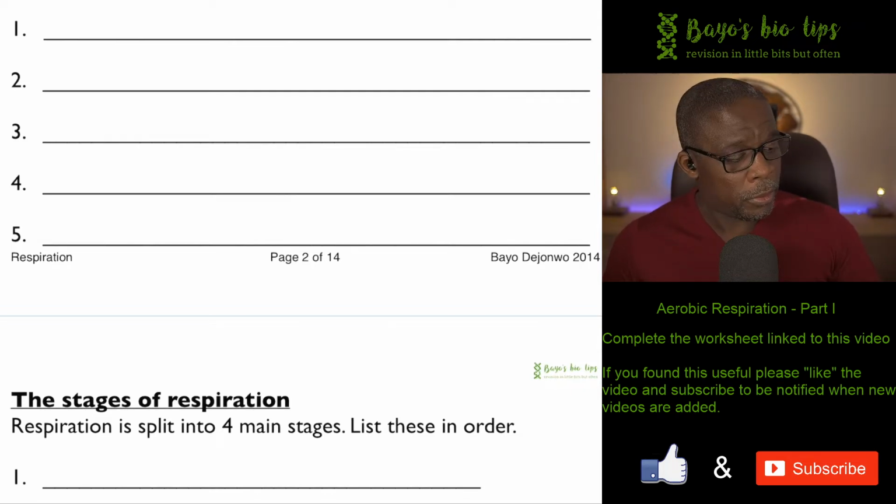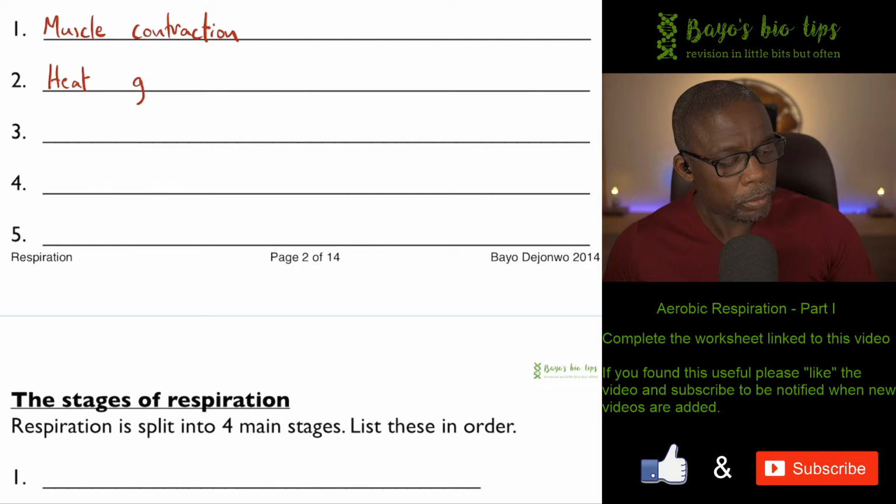So some examples are muscle contraction, you've also got heat generation, and another example is biosynthesis, or what you could describe as anabolic processes.